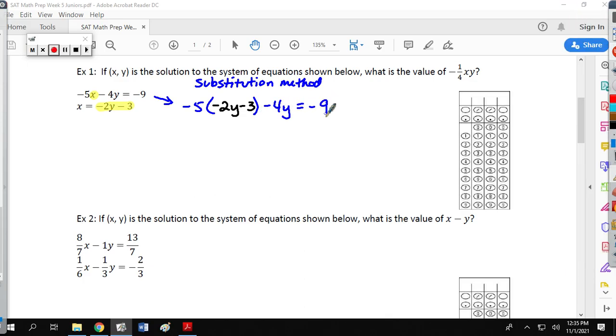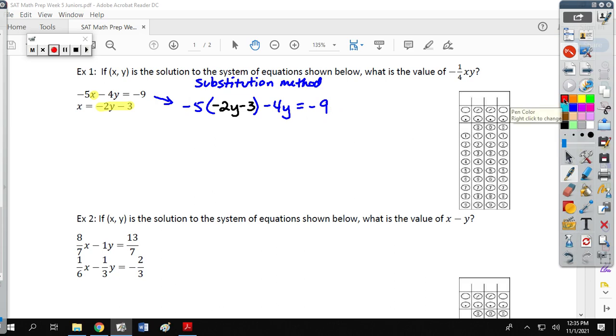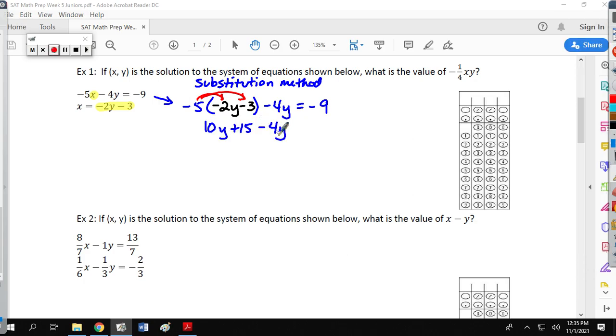By doing this, we have eliminated one of the 2 variables from the equation, allowing us to solve for y, because it's the only variable that remains. We distribute the negative 5, which gives us 10y plus 15 minus 4y equals negative 9.